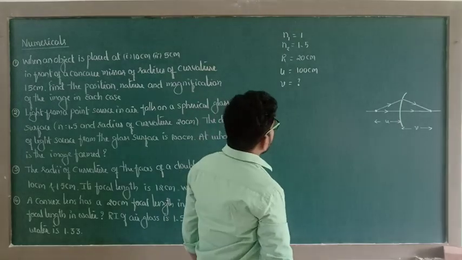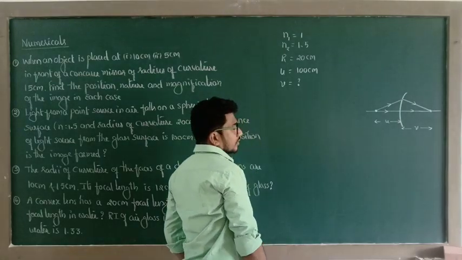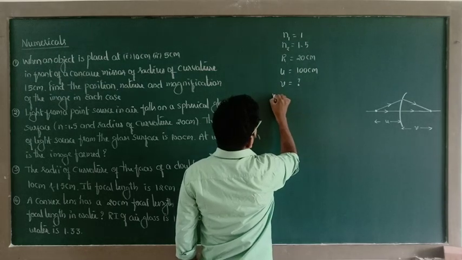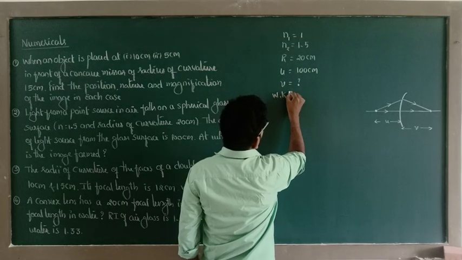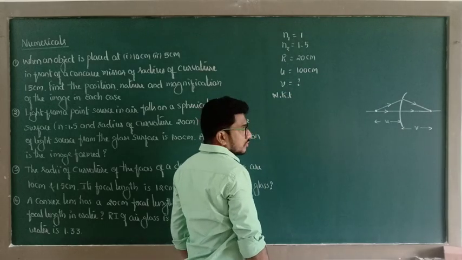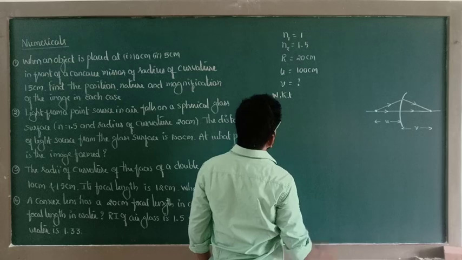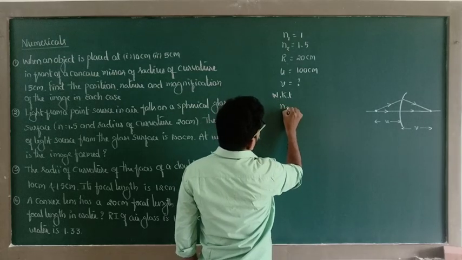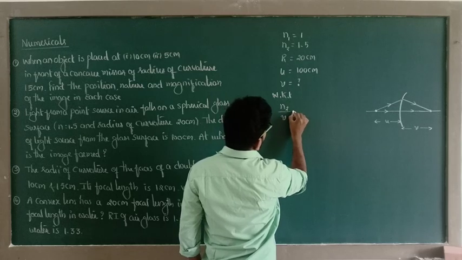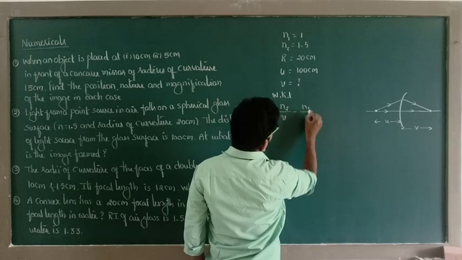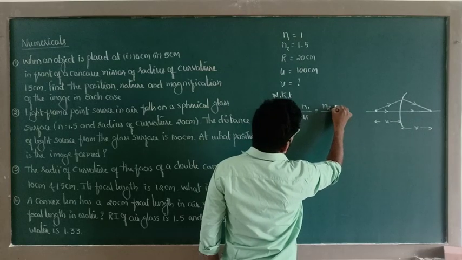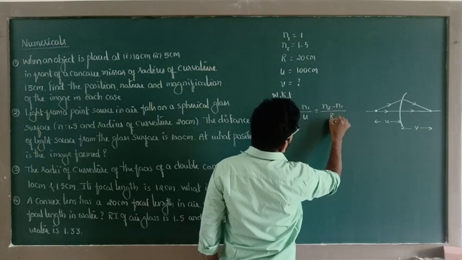So in case of spherical surface, we know that refraction through spherical surfaces is given by n2 divided by v minus n1 divided by u is equal to n2 minus n1 divided by r.